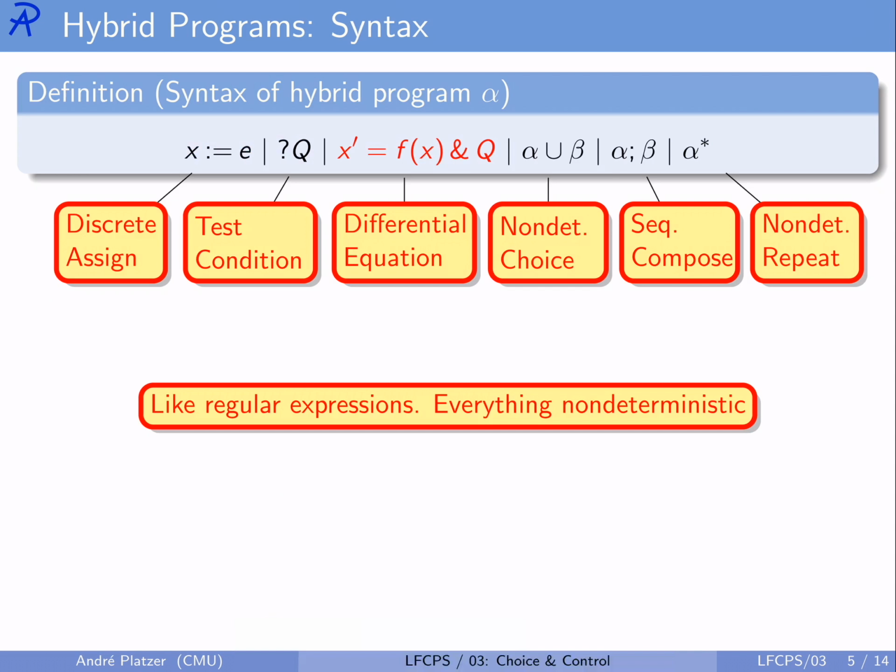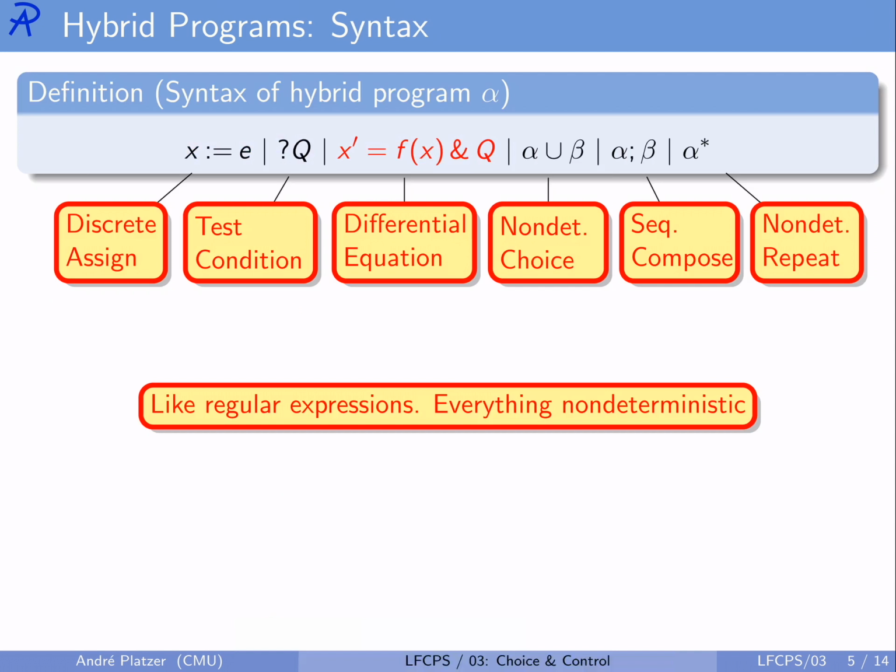The next thing we need is not just writing down the syntax of hybrid programs, but also properly defining their semantics. Now, the semantics of terms was a function that mapped the states to real numbers. Well, that's not suitable for what a hybrid program does. It doesn't just compute a real number and be done with it.